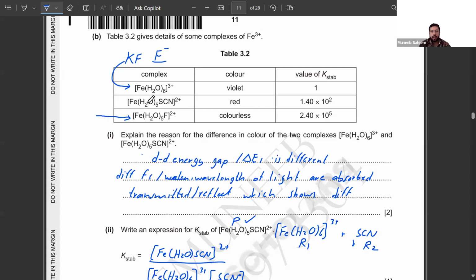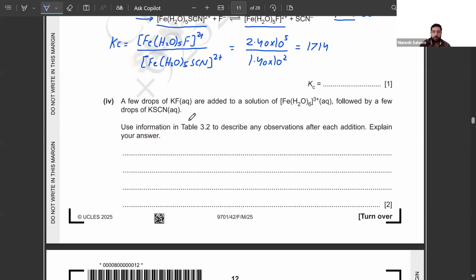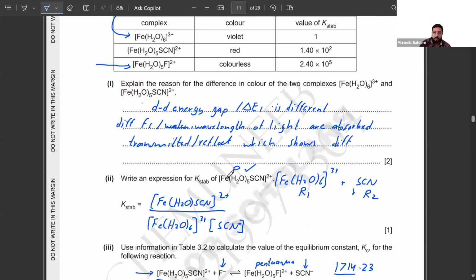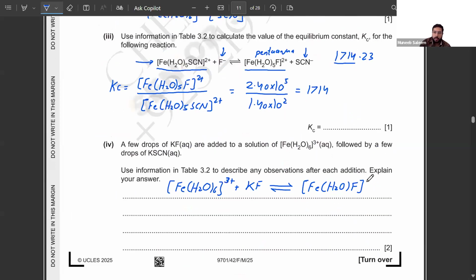So addition of KF into this compound, I can write like this: I'm going to react the Fe(H2O)6 complex with KF, then I would get the formation of Fe with 5 water ligands and a fluoride ligand. And the charge on it is 2 plus. Previously it was 3 plus and then it became 2 plus.